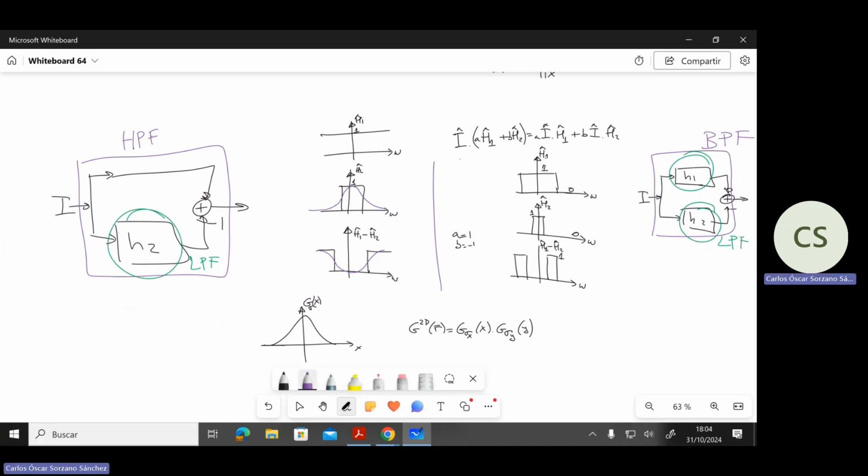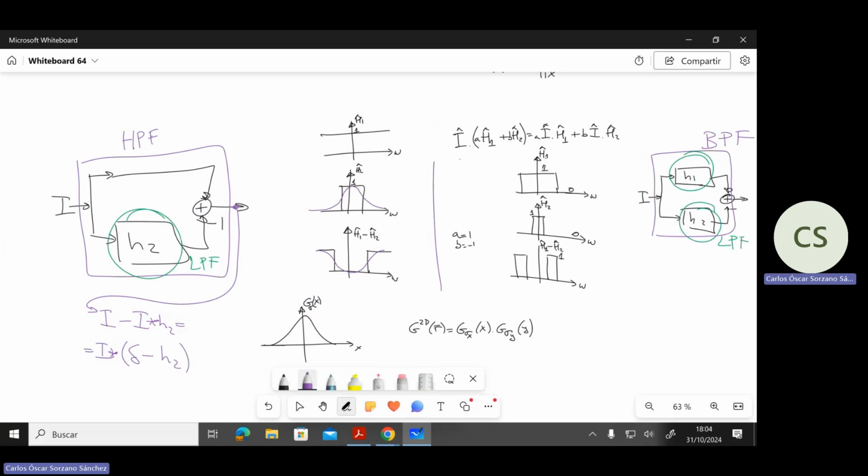So what we have at this point, on one branch we have I minus I convolved with H2. This is the same as I convolved with delta minus H2.